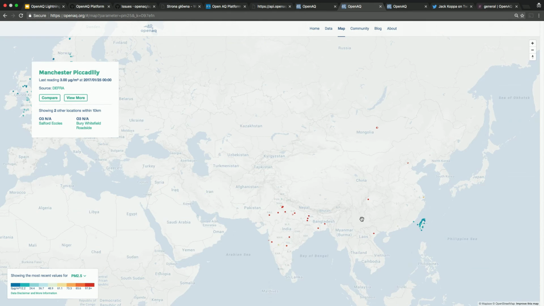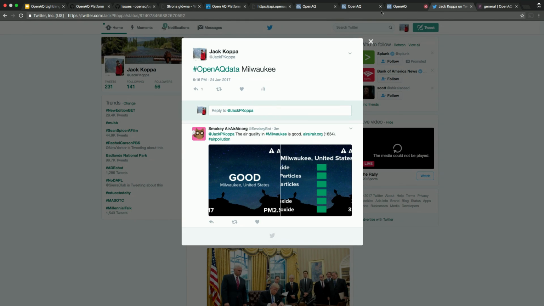So they're working towards a way, maybe you have someone go verify that their sensor is working accurately for a couple of days before you start accepting their data. But that's the long-term goal, where rather than us just developing, people are contributing the data. And just in case anyone didn't see that, that was Smokey that responded.